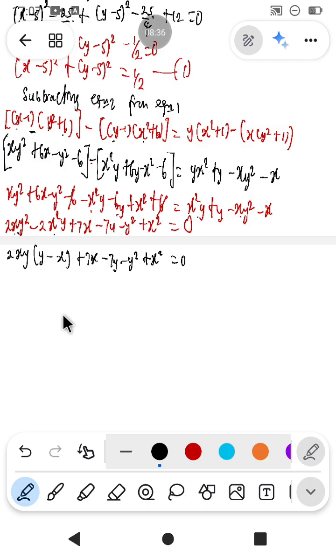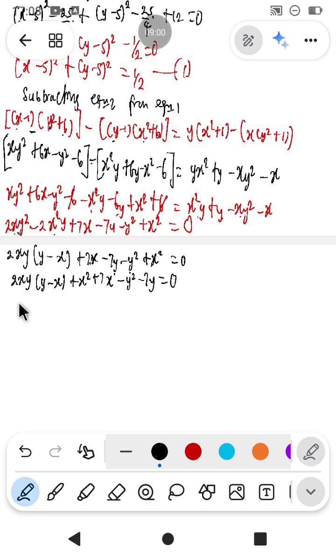We can group this also. This is x squared, this is 7x, this is negative y squared, this is negative 7y, so I can group them. So I'm going to have 2xy into y minus x, plus x squared plus 7x, minus y squared minus 7y, and everything equal to 0.